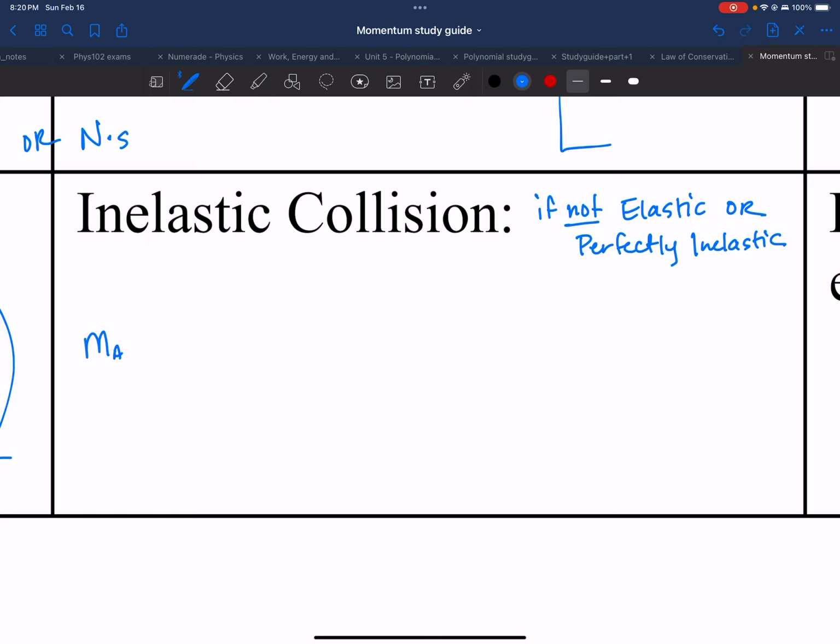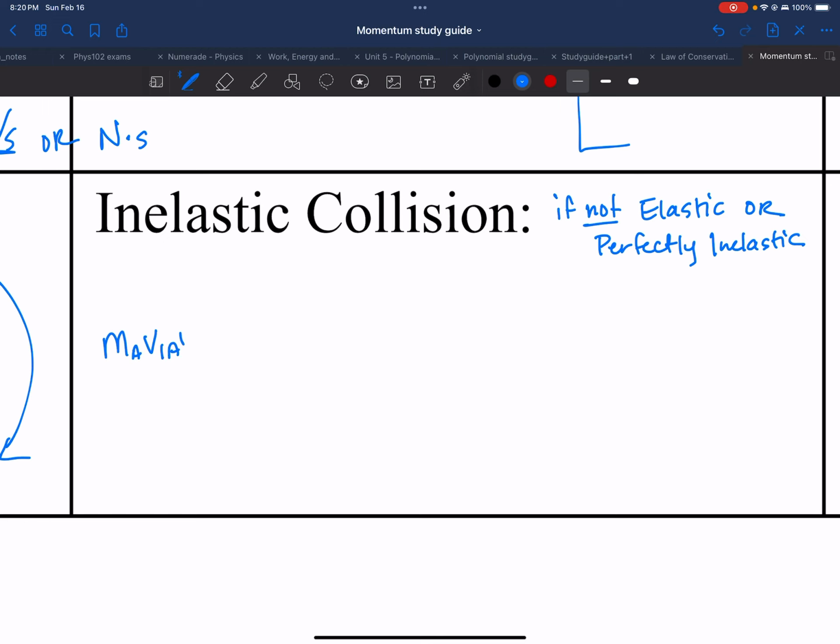So mass of A times V1 of A plus mass of B times V1 of B is going to equal mass of A times V2 of A plus mass of B times V2 of B. So you're given pretty much everything except one variable.